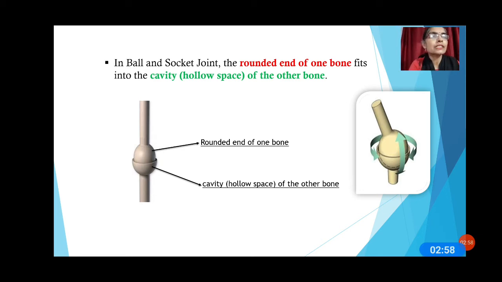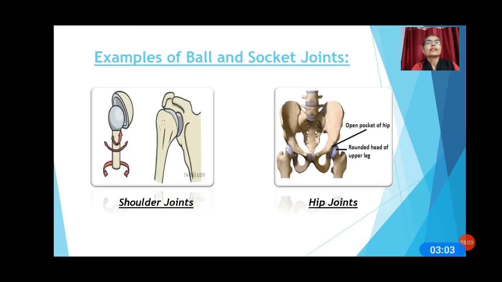And in another picture their movement is shown. Here are examples of ball and socket joints that you can see in your body. Your shoulder joint: in this picture you can see the upper end of your arm shown as the ball-ended part and the shoulder part shown as a hollow, cavity-like part.